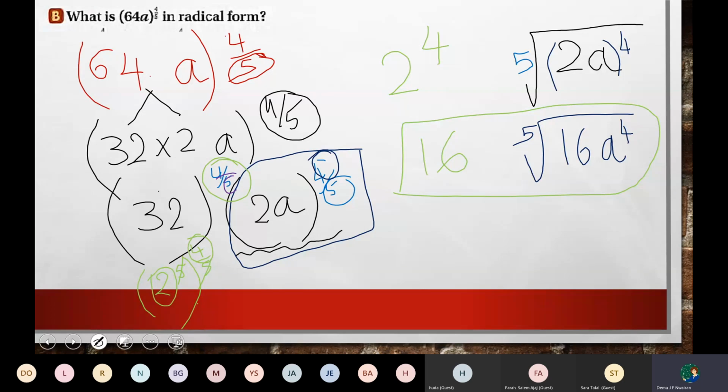Is it hard? Yes, a little bit. Teacher, so what is 2 to the power 4 over 5? Can you repeat?